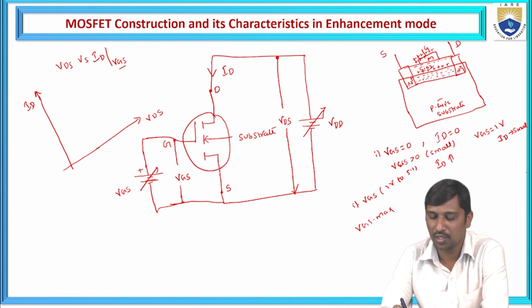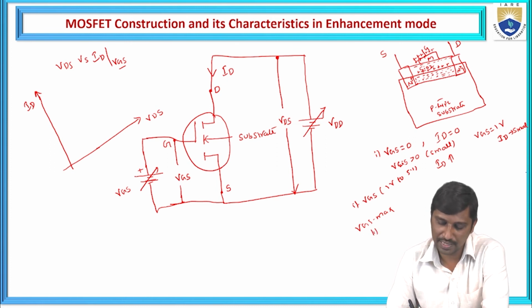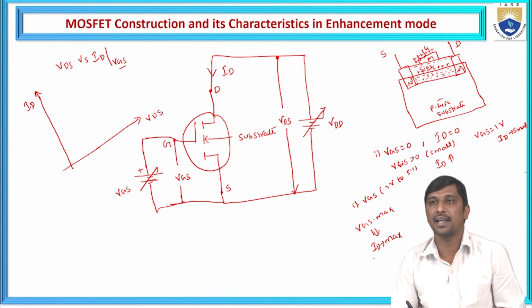So the charge carriers diffused or repelled due to the applied drain to source force, a larger total number of charge carriers diffuse from the source to the drain to allow the drain current. Hence, if VGS is maximum, the drain current also becomes maximum.